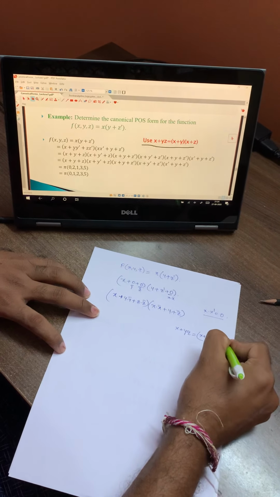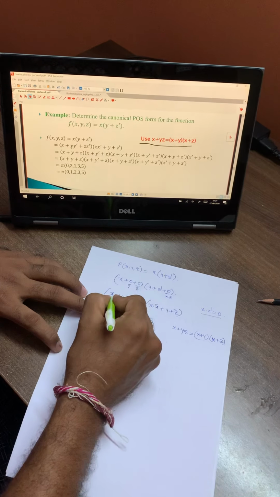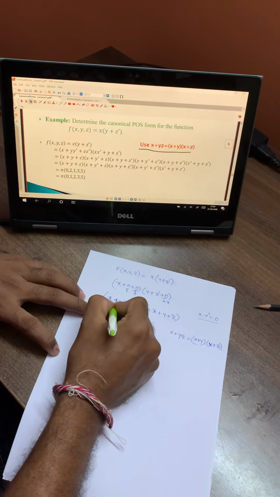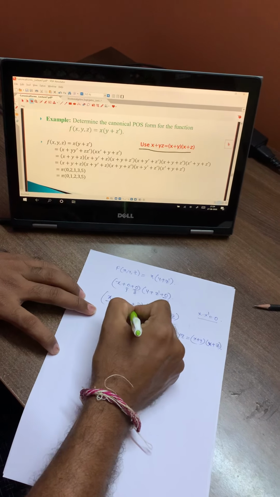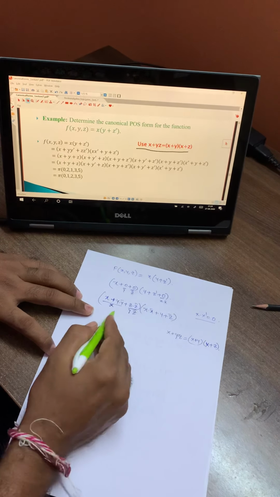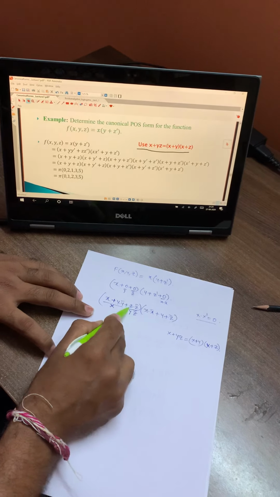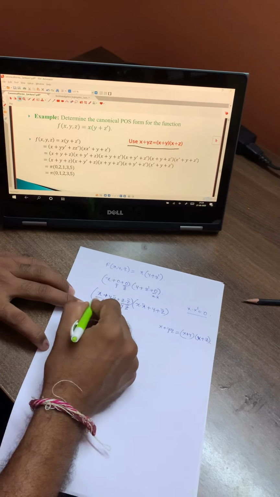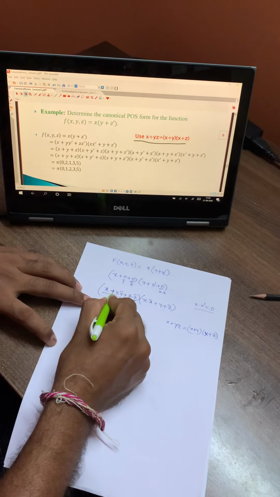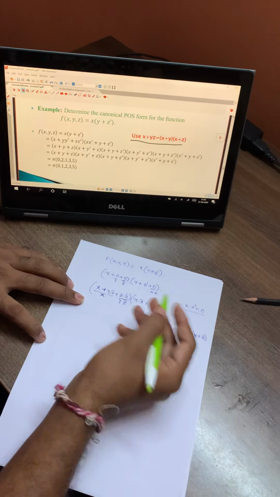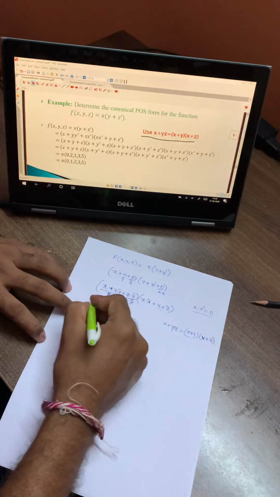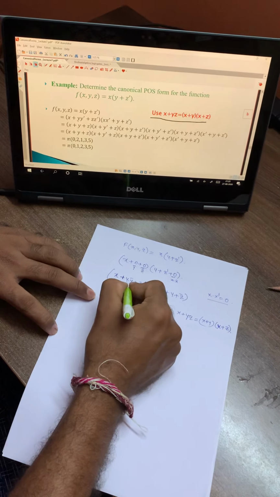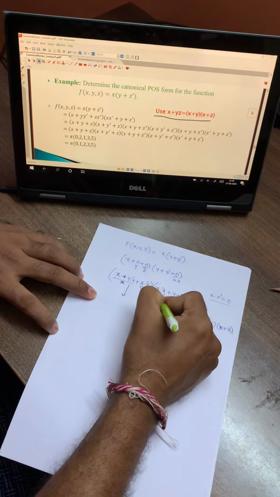So let us assume this total expression as capital X, and this is assumed as yz. If you observe this as yz, here y represents y dot y bar and z represents z bar. So this capital X represents x plus y dot y bar. Try to expand this, first expand this term, then secondly expand the other term.